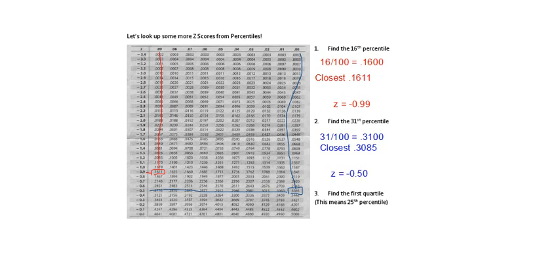All right, next is the first quartile. By the way, quartile just means 25%. So what we'll do is 25 divided by 100, which is equal to 0.2500. We're going to try to find it. You're not going to find it, but the closest to 2500 is 2514.